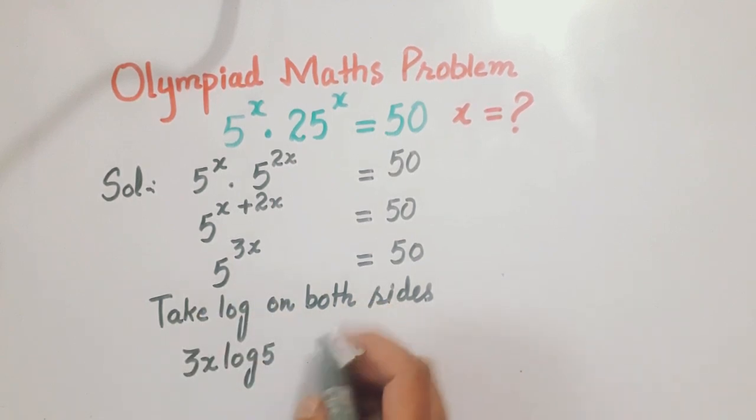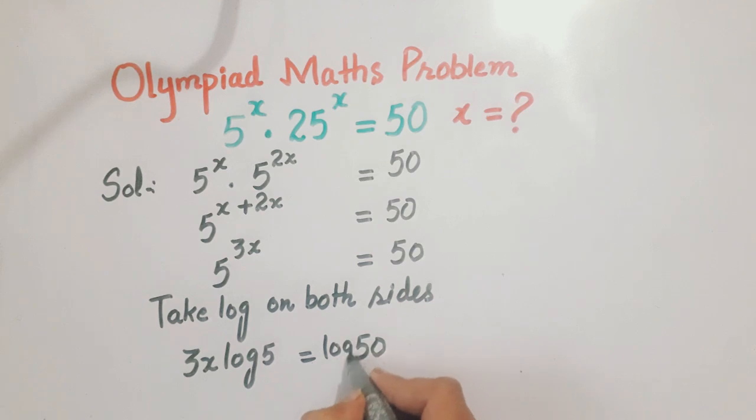Now log 5 is multiplied here, so it will be divided. So we get 3x equals log 50 divided by log 5.